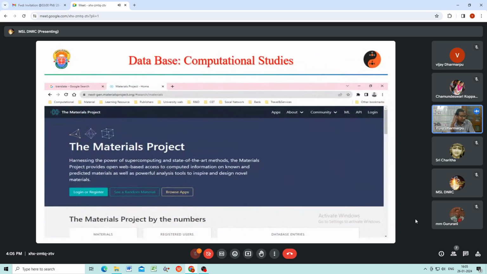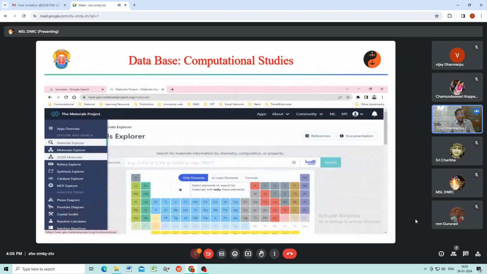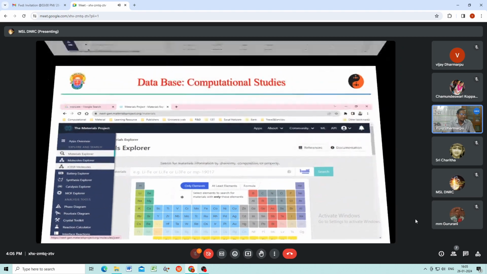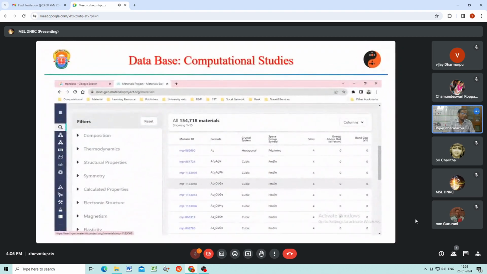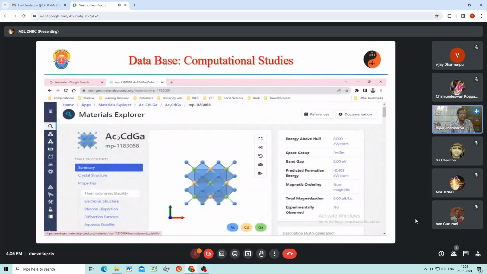And the Materials Project also has its own database, from molecules to different compositions of nanomaterials, compositions of crystals, energy materials, biological materials and all. I just gave the information for this.